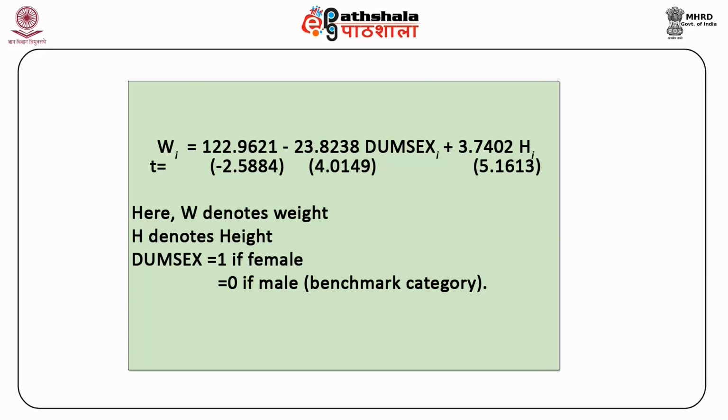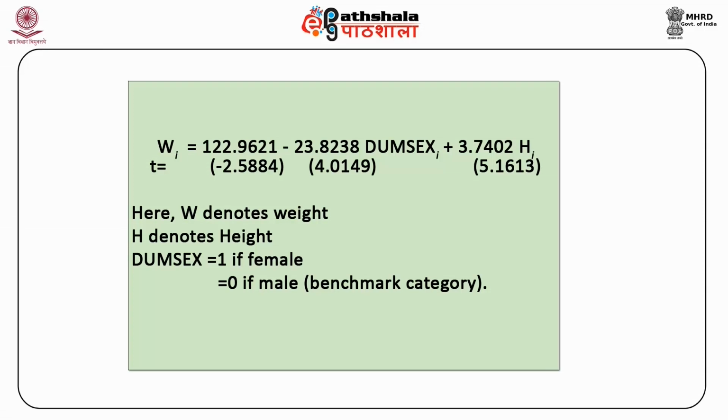That means there is a significant difference between the mean weight of the two sexes, male and female, holding height constant. The regression results show that the average weight of males is greater than that of females, ceteris paribus.